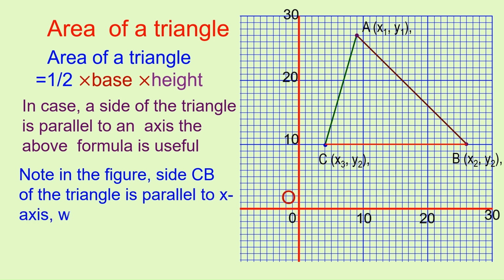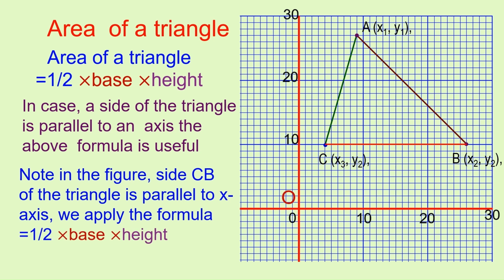Note in the figure, side CB of the triangle is parallel to the x-axis. We apply the formula 1/2 times base times height.